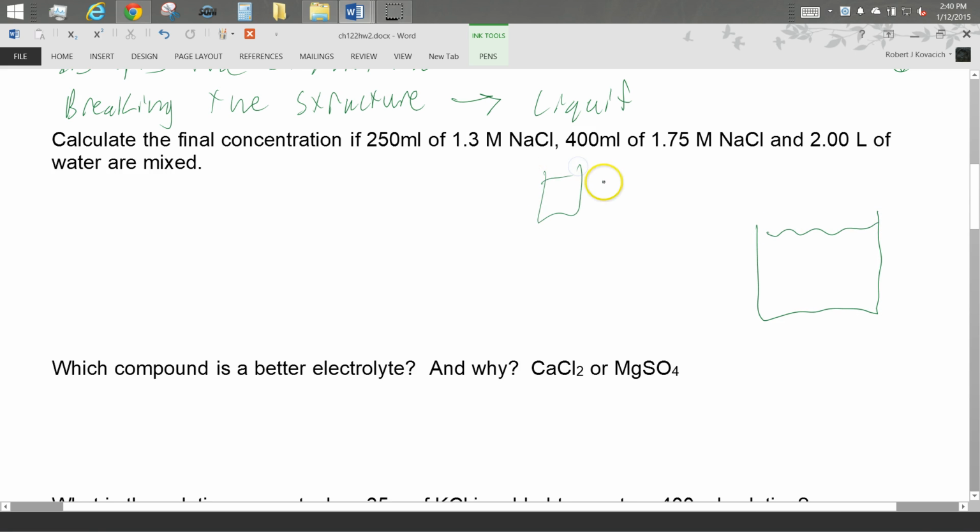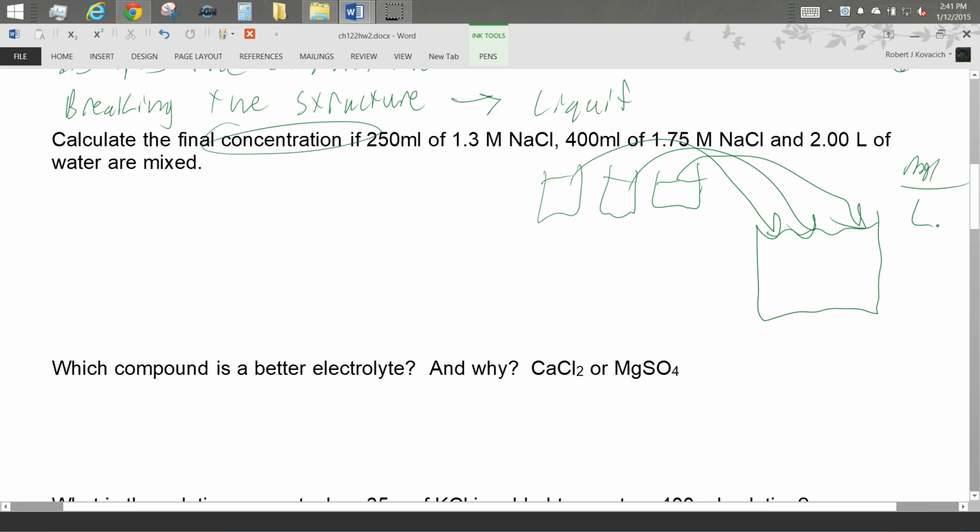So you take these three containers and you dump them into this empty container, right? So we're looking for the final concentration, so moles per liter. So what we need are moles and liters. I've got a 250 milliliter solution, a 400 milliliter solution, and a 2 liter solution.